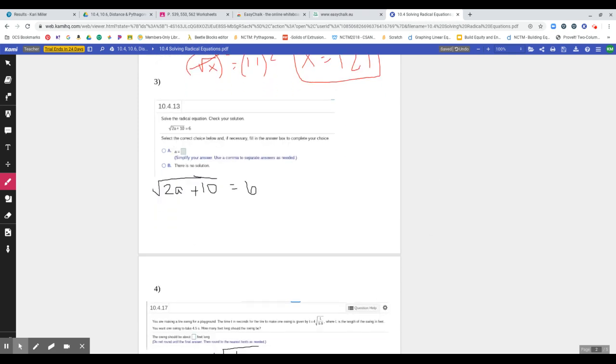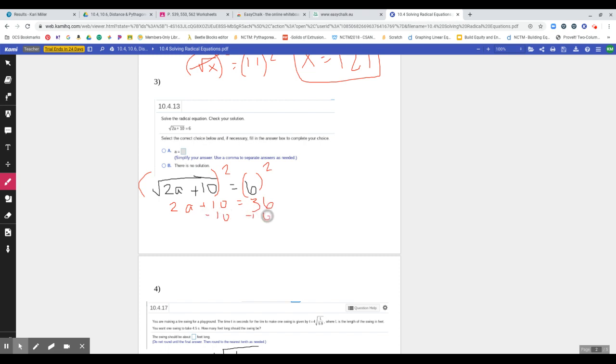Okay, number 3. The square root of 2a plus 10 is equal to 6. So the whole radical is by itself on the left side. 2a plus 10 is underneath that radical. So we're going to square both sides. And we get 2a plus 10 equals 36. And then we just solve for a.